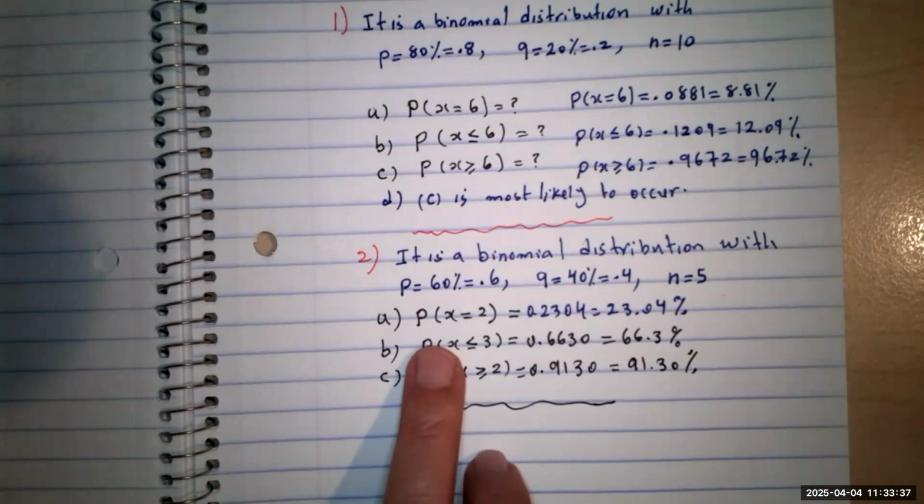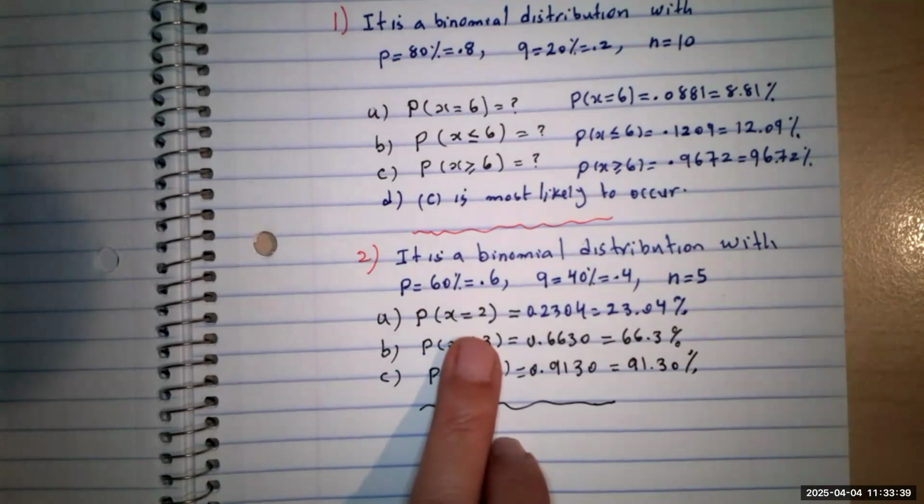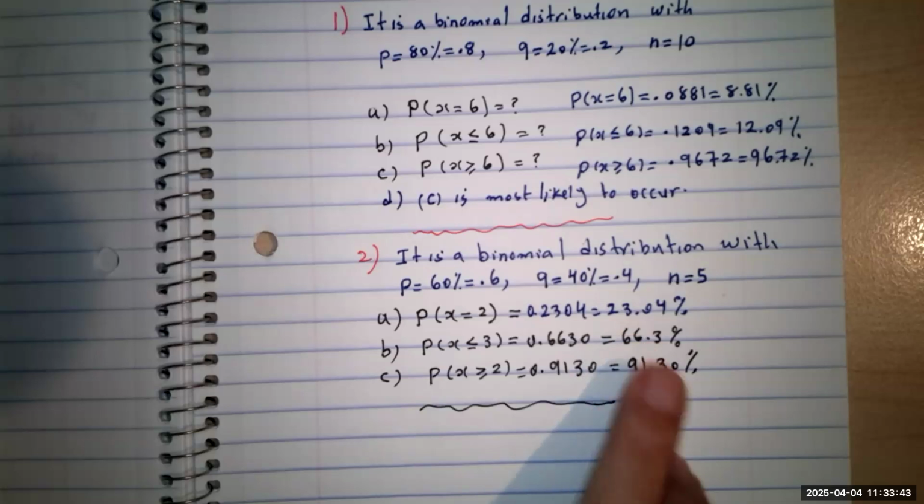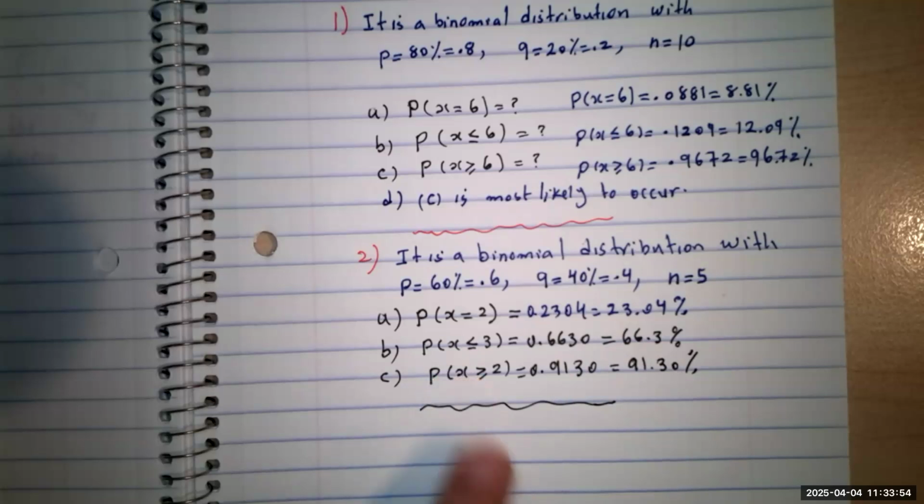The first part, finding the probability of exactly 2 people agreeing with you, we got 23%. Then in the second part, you are interested in the probability that you get at most 3.